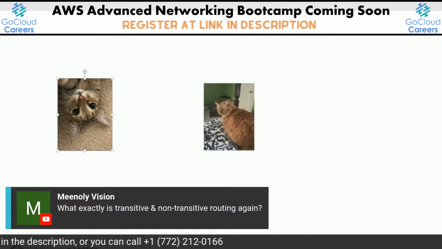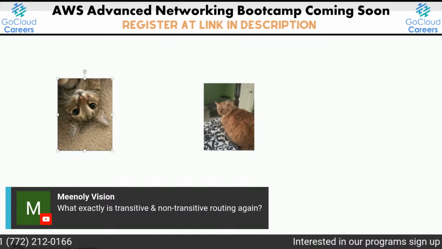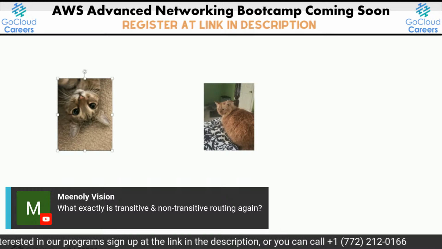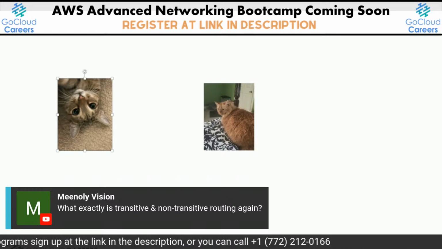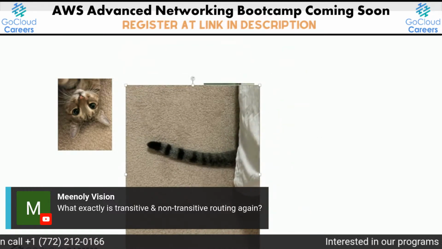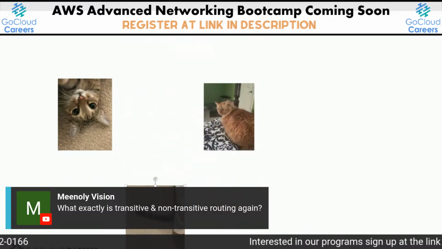I took this picture yesterday. It shows you a frame of perspective. My cat thought she was hiding. She wasn't doing a great job of hiding. But here we go. We'll take this picture and we'll pretend this is another cat. My cat thought if I couldn't see her, at least this is what I assume she's thinking, nobody else could see her. So now we've got three cats over here.